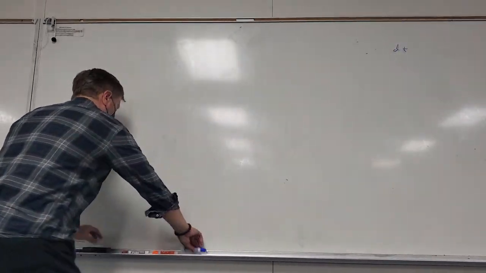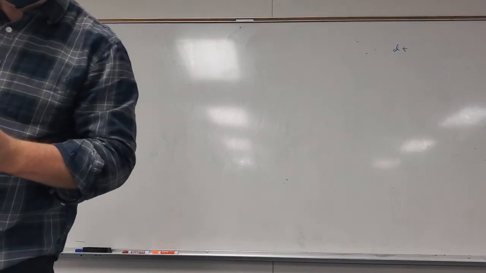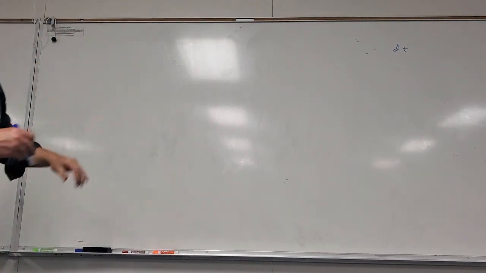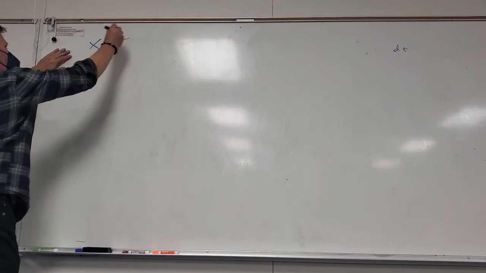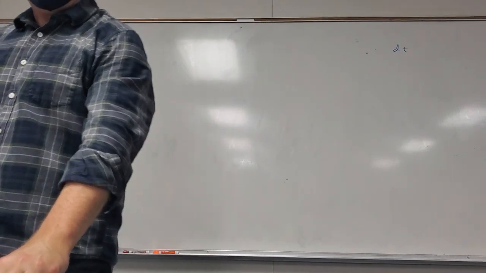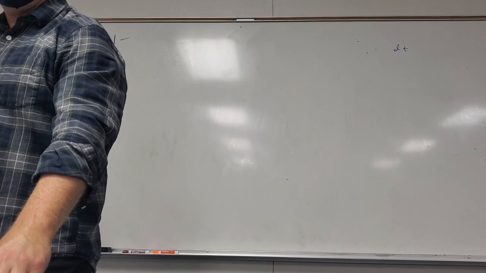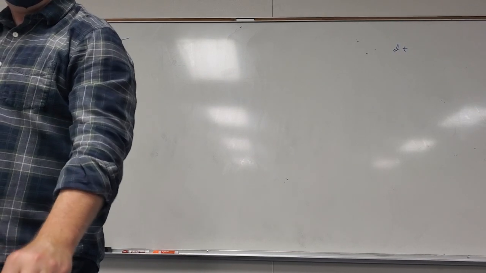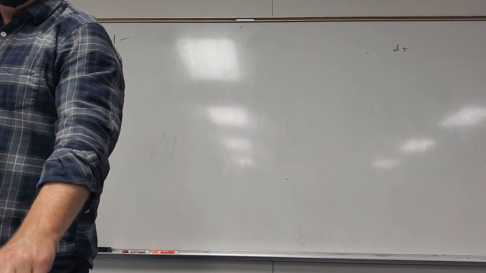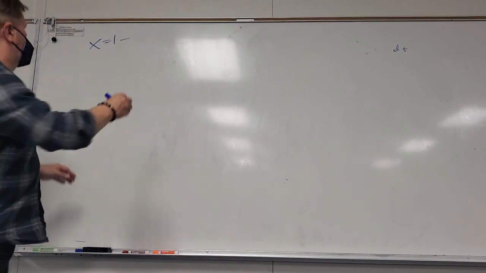So there's a problem that gives us these. x equals 1 minus t squared, I believe. If anybody's got their book, 10-2, number 40. Pretty sure it's squared.